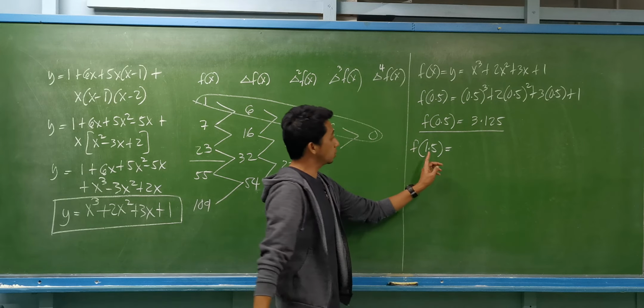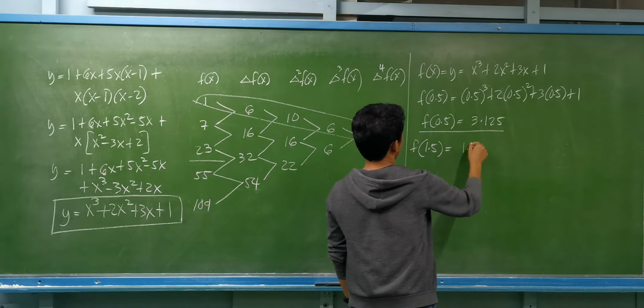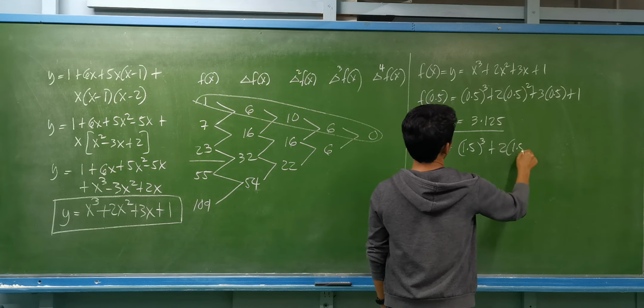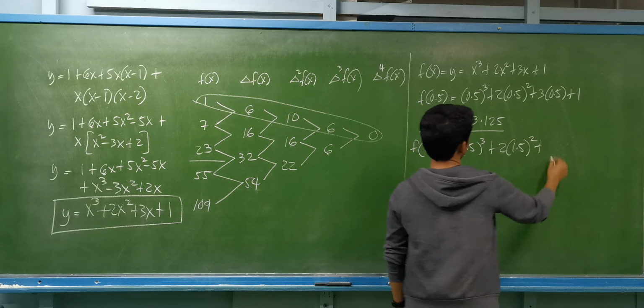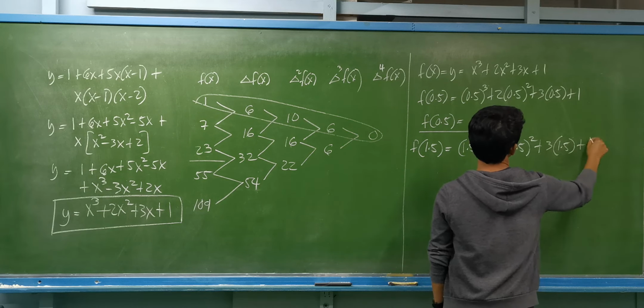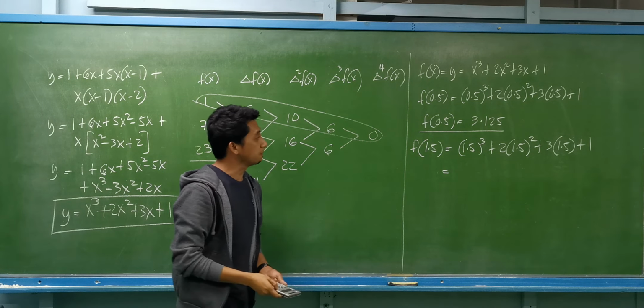Then what about f at 1.5? All we have to do is substitute this value to our equation. So that's the same as 1.5 raised to 3 plus 2 times 1.5 squared plus 3 times 1.5 plus 1. So let's have the equivalent of f of 1.5.